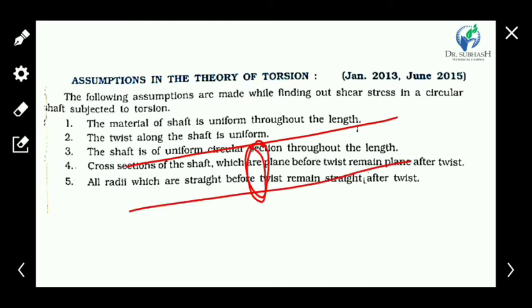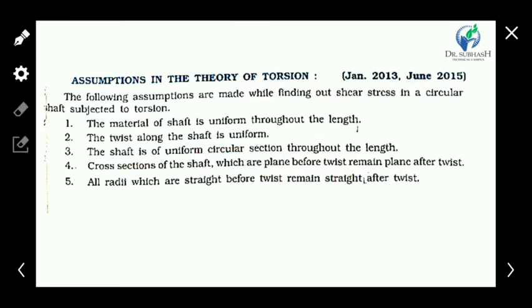If we twist this shaft, this cross section remains a flat plane, with no change before or after twisting. Even when twisting is given, the cross section remains a straight plane.